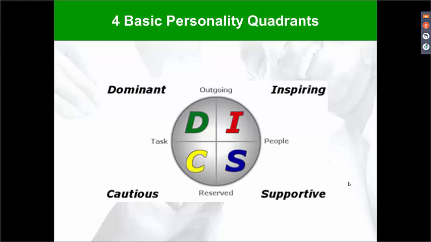A lot of people may have 1 quadrant that's highly dominant, a second that's powerful, not quite as dominant as that first, and then the latter 2 trail off. But I want you to understand that no one person fits into any one quadrant when we're talking about personalities.